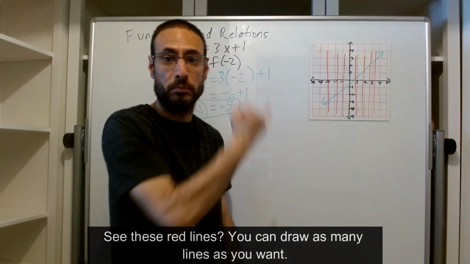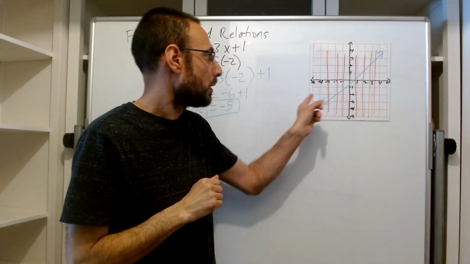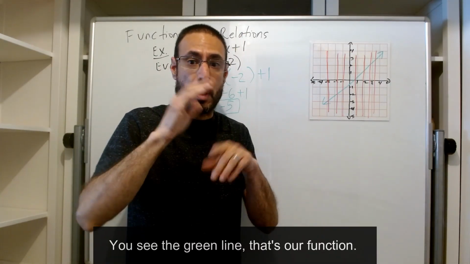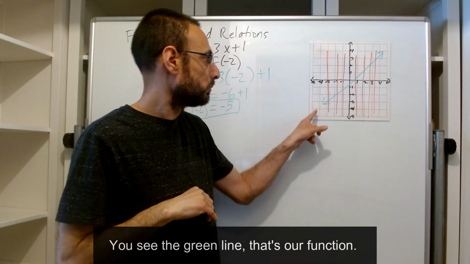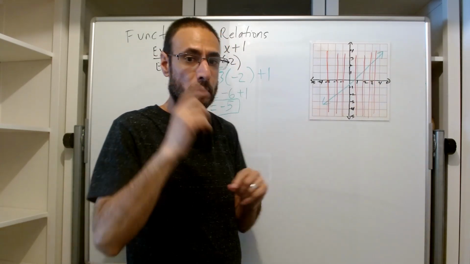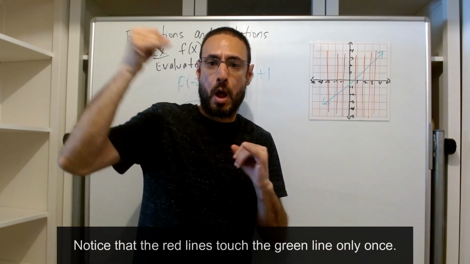See these red lines? You can draw as many lines as you want. You see the green line, that's our function. Notice that the red lines touch the green line only once.